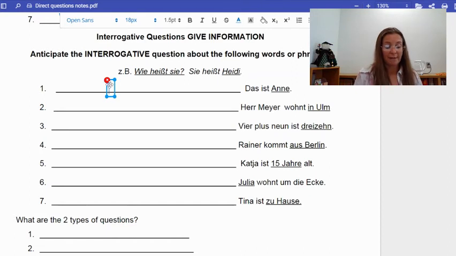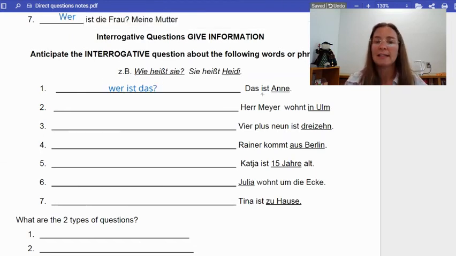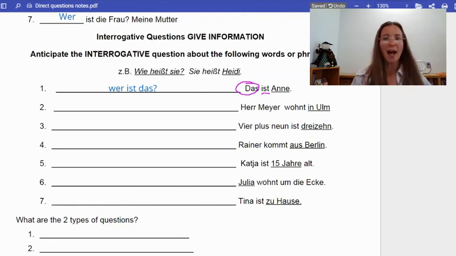Well, the answer is there. I'm going to use my inverted word order. Okay. In this sentence, ist is my verb and das is actually the subject. So I'm going to create a question, have my question word wer, verb, subject. Wer ist das? Who is that? The answer is, das ist Anna.